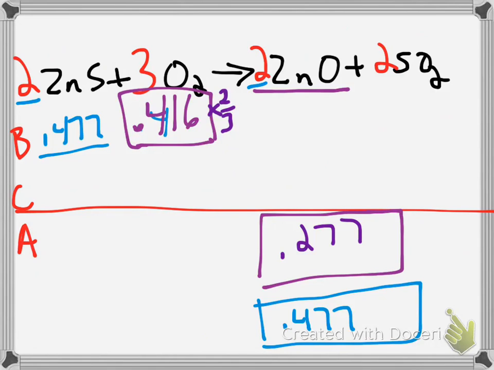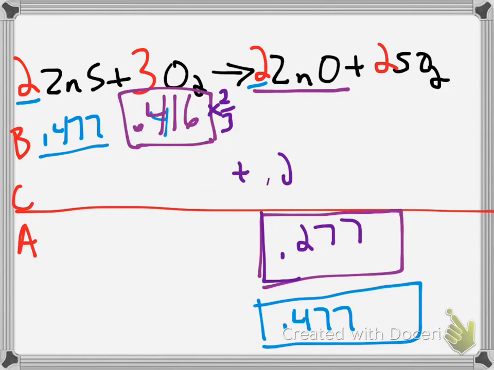So of these two, one is limiting, one is excess. The limiting one is in the purple. That's oxygen. The excess one is the blue one, zinc sulfide. So what I need to do now is I'm going to subtract.